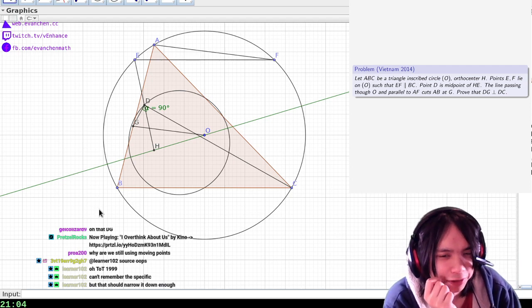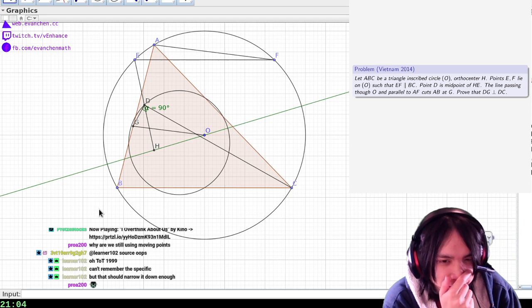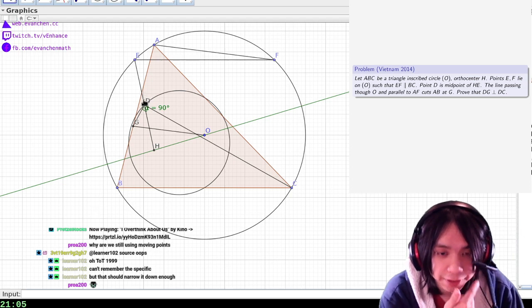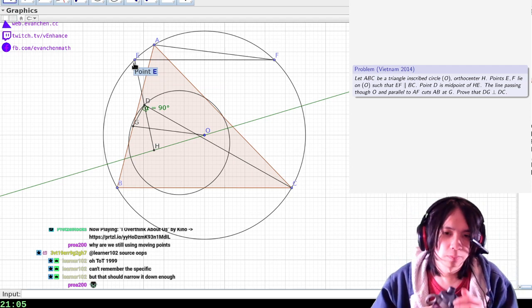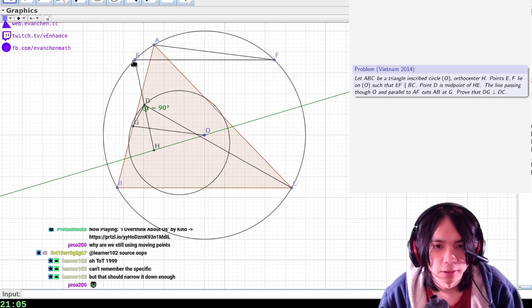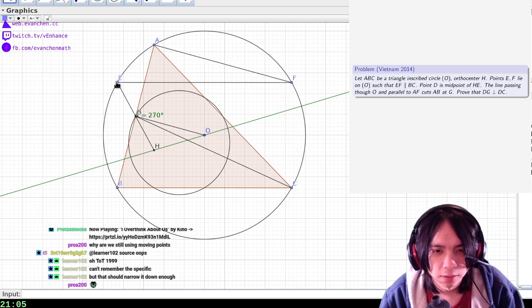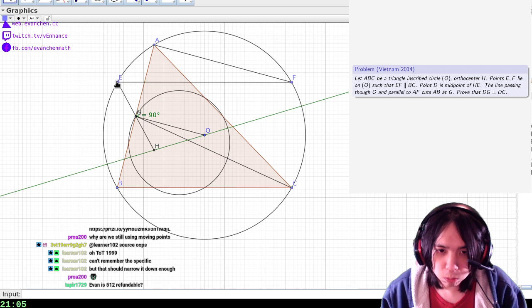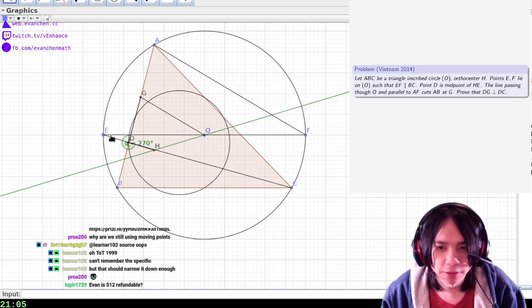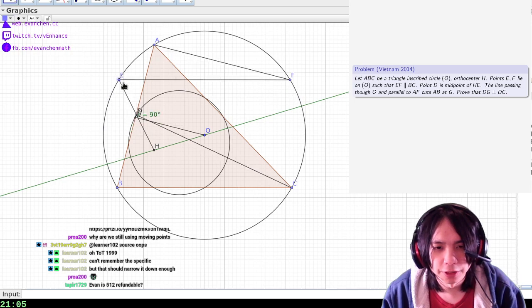I mean, modulo edge cases. I need to actually check the edge cases, but all the edge cases, like the 6 cases where D coincides with a point on line AB, I think they should all be easy. D equals G here, altitude here. Yeah, D equals G here.